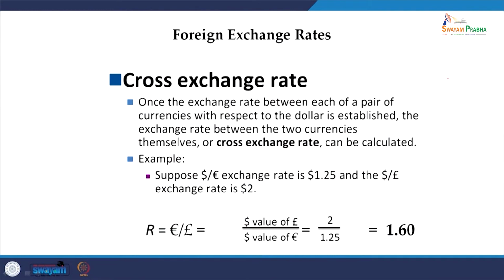And the exchange rate for the pound is $2. Now, why is it so? Basically it is 2 divided by 1.25.